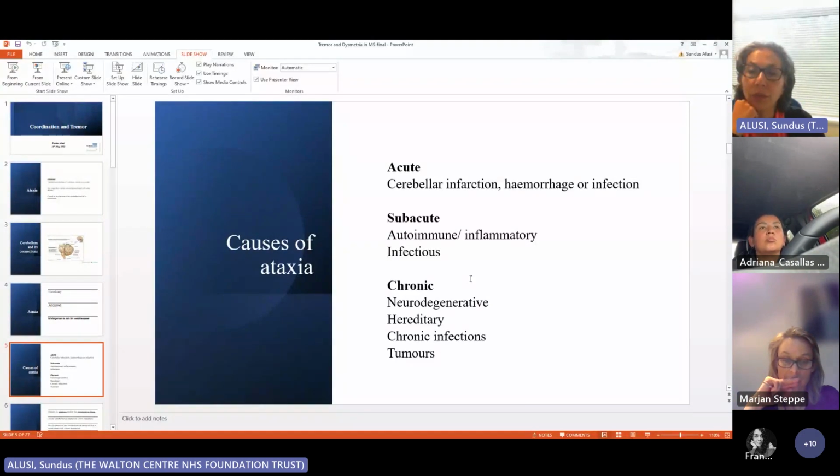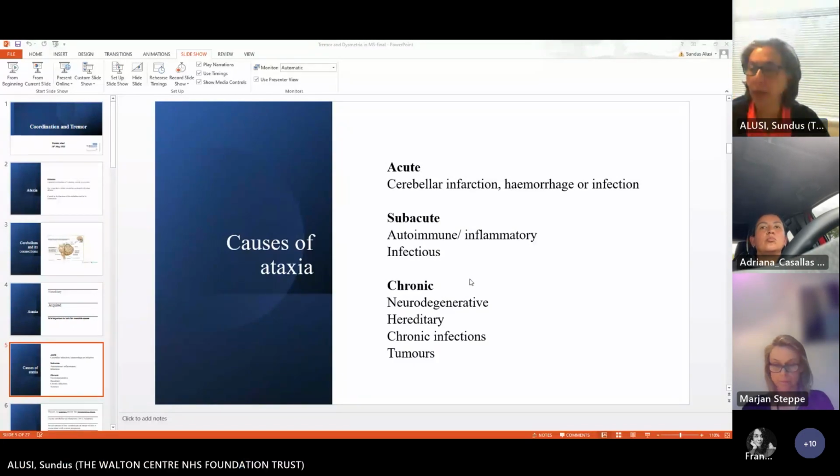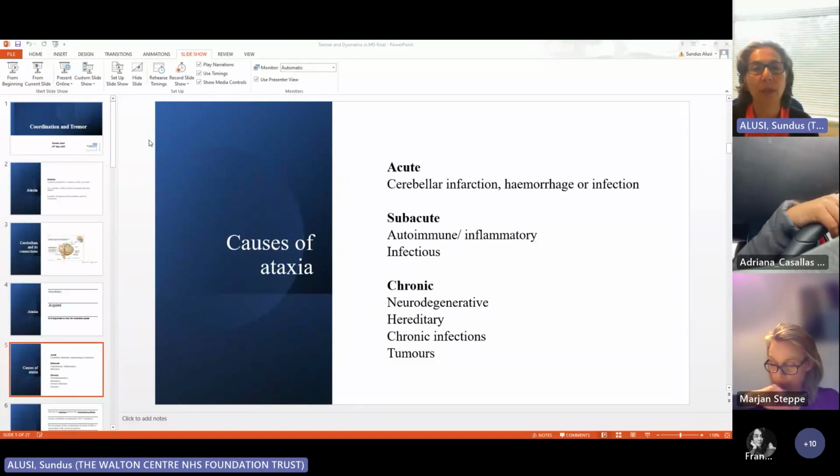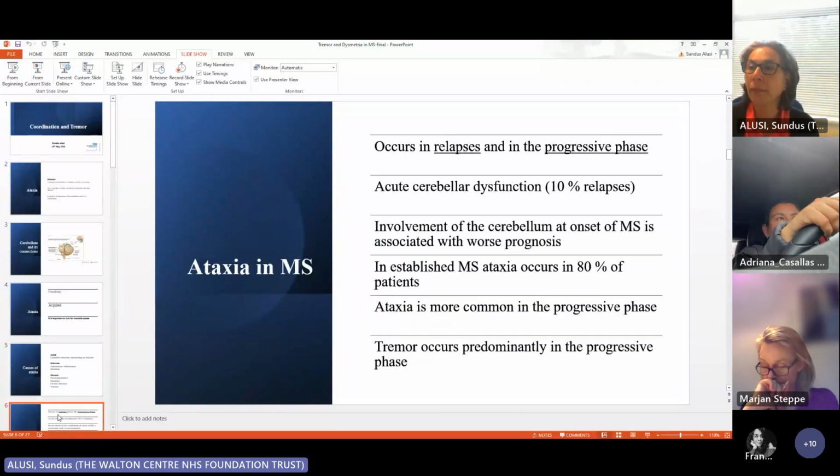It can be neurodegenerative, for example, Fragile X-associated tremor and ataxia syndrome, whereby the patient is well until they become 50 or 60, and then the ataxia signs start to show. That's a neurodegenerative condition. And then chronic infections, again, like syphilis, and some tumors, for example, a meningioma can present very slowly with a chronic ataxia.